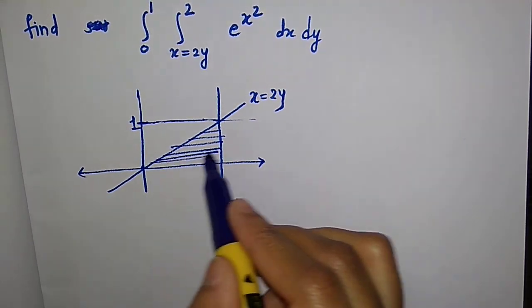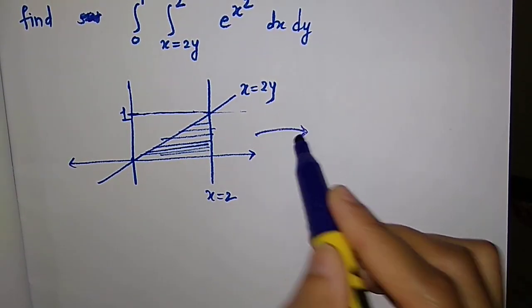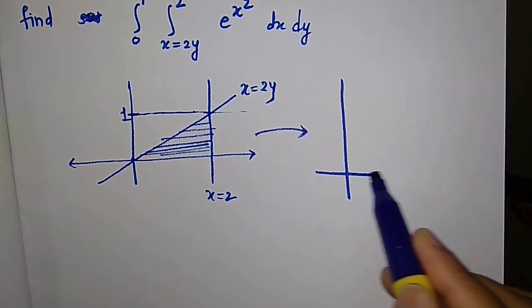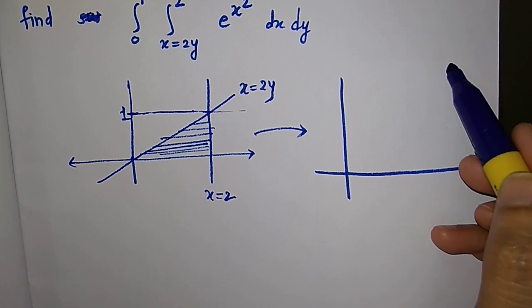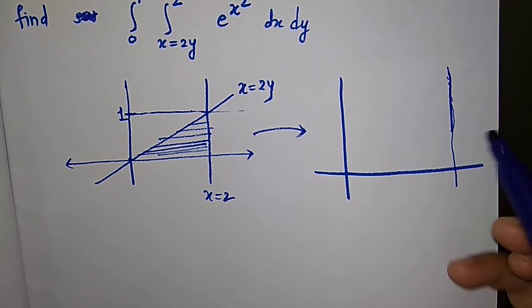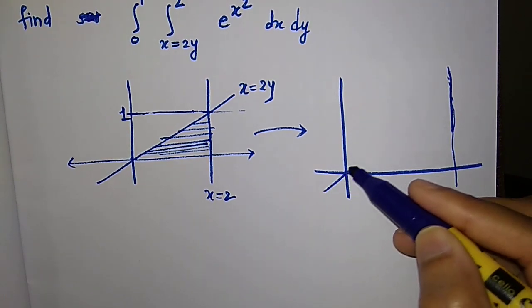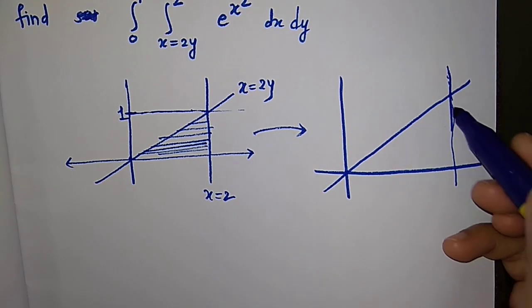So we will just transform it. Now x is equal to 2 is again this line only, and this is x is equal to 2y. Now change the limits of integration.